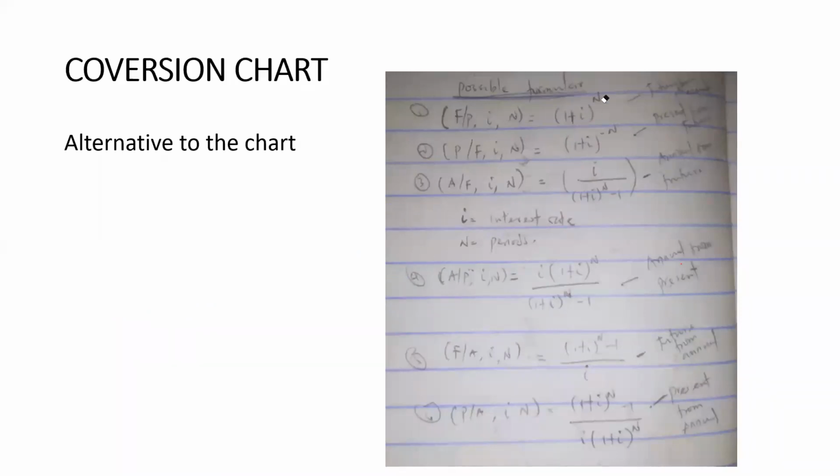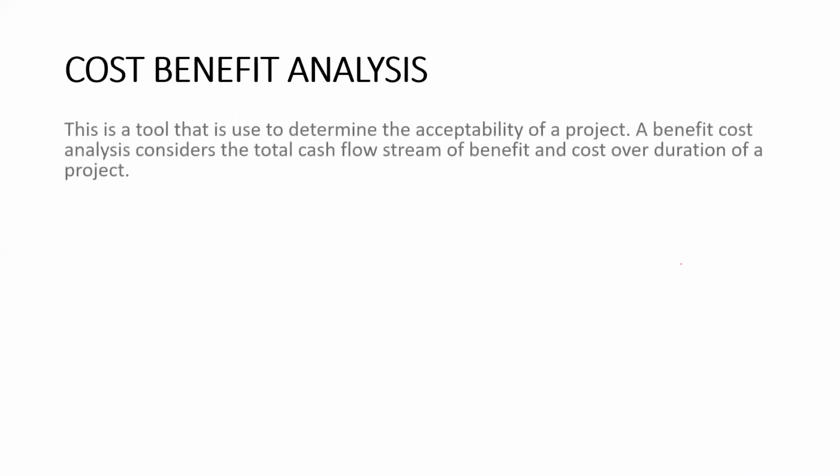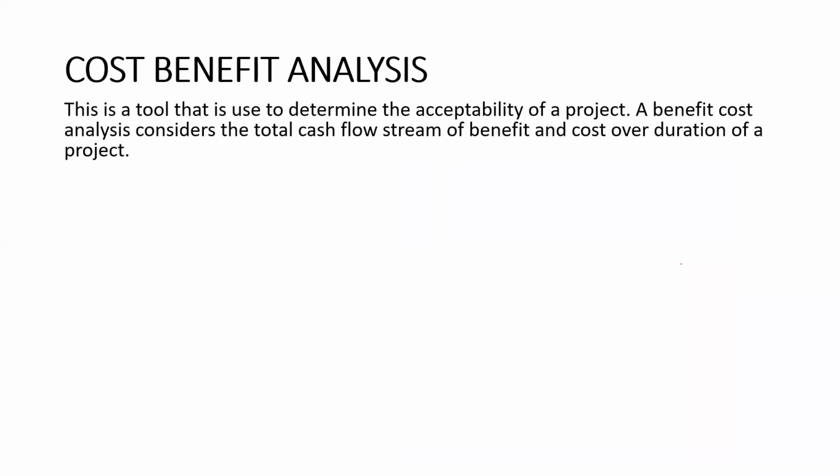So we need to understand this chart very well. Okay, we'll be looking at cost benefit analysis. Cost benefit analysis is a tool that is used to determine the acceptability of a project.